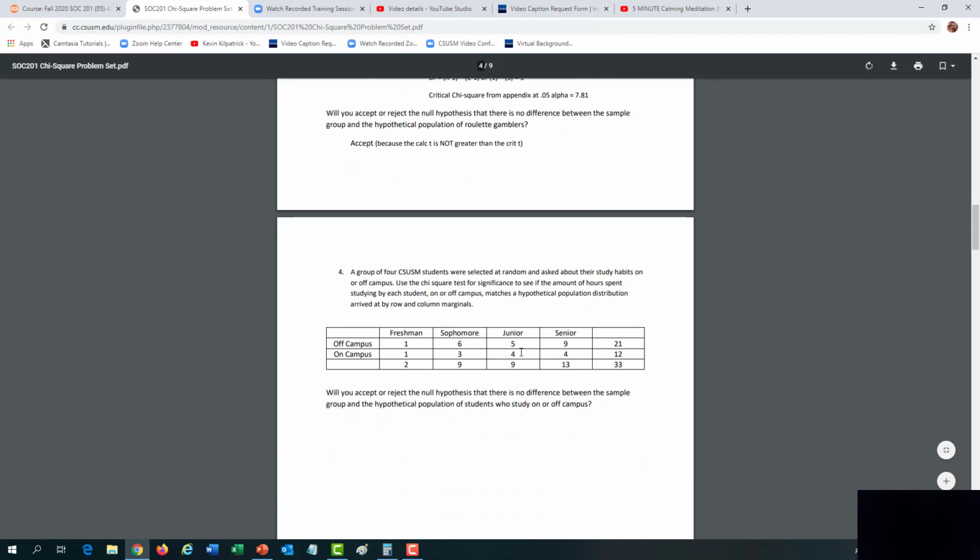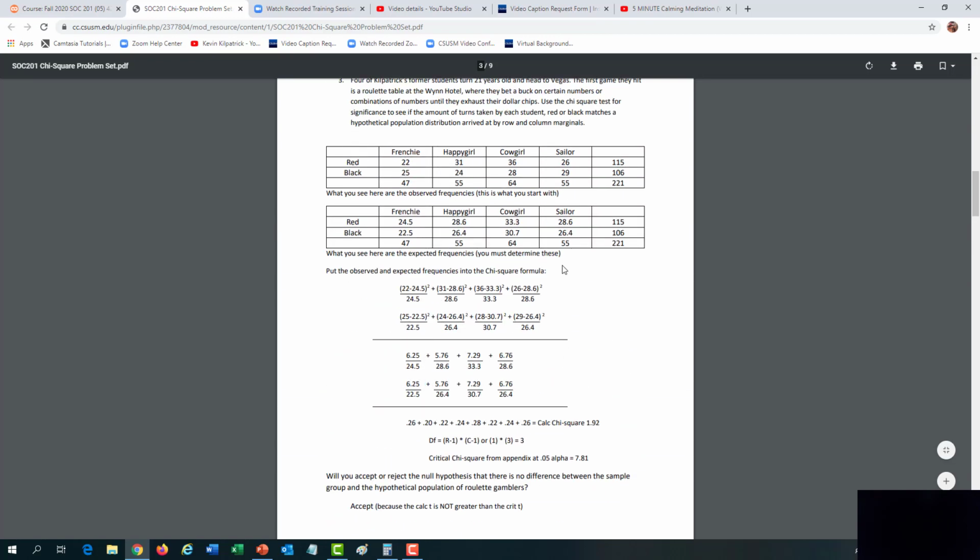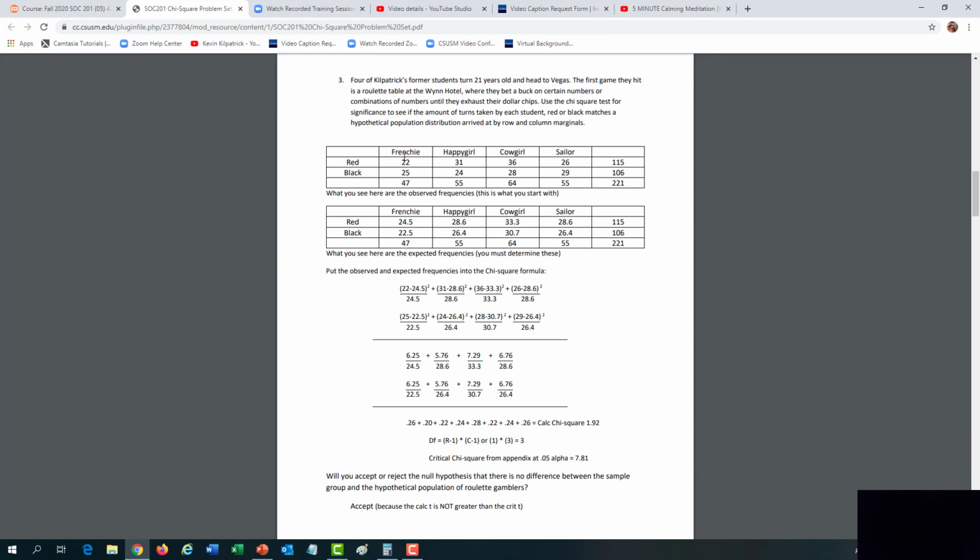All you're going to get is one table with observed frequencies. So that's what I have up here. You know, here's my 4 students, Frenchie, Happy Girl, Cowgirl, and Sailor. And these 8 cells, 22, 31, 36, 26, 25, 24, 28, 29. Those are the observed frequencies.